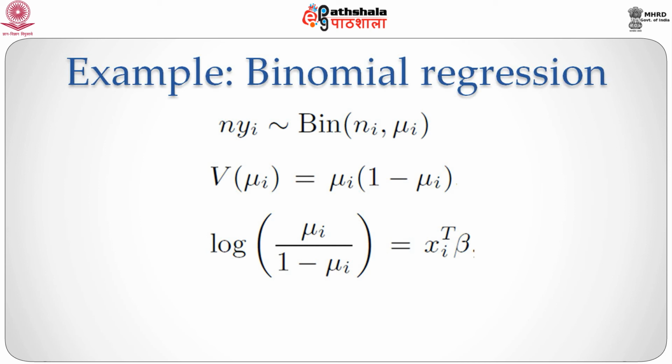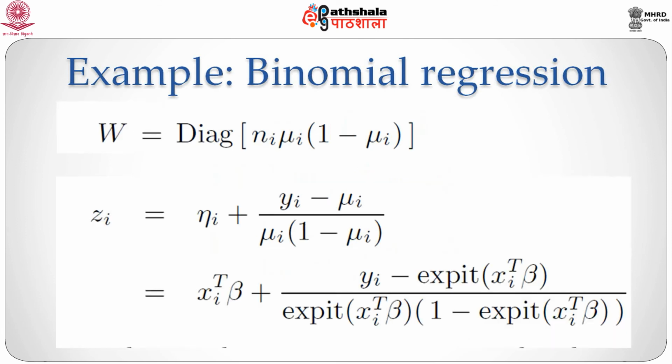Note that d eta d mu_i is given by 1 over mu_i into 1 minus mu_i. The W matrix is thus W equal to diagonal n_i mu_i into 1 minus mu_i. W is in fact the matrix of the variances. My constructed variable z_i turns out to be equal to eta_i plus (y_i minus mu_i) over mu_i into 1 minus mu_i.